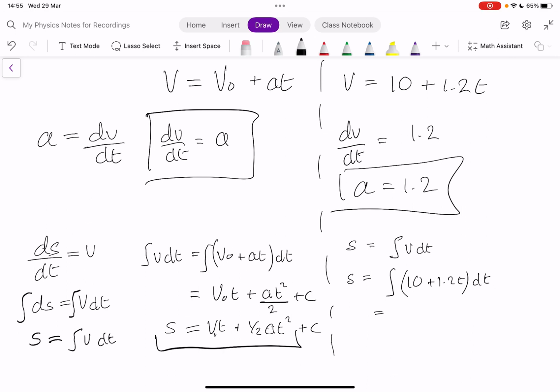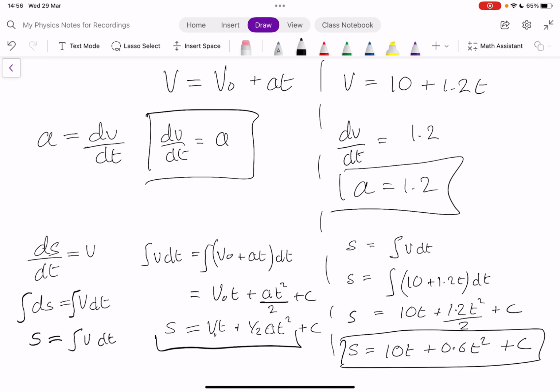So we do exactly the same thing here. 10t plus 1.2t squared, not forgetting to divide by the power, plus a constant. So again, now what I've got is this, which is an equation that would give me the distance of our object, which was originally described by that equation at the top.